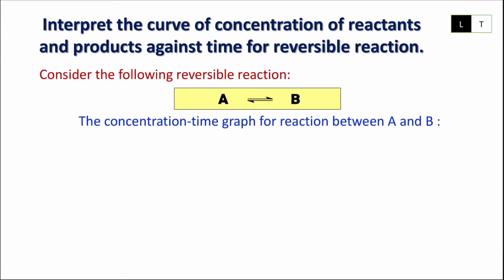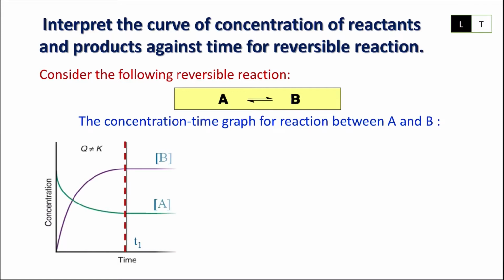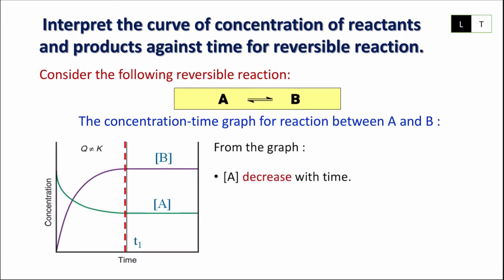This is the concentration time graph between reactant A dan product B. Saya hanya gunakan one species untuk both side. So kita akan ada this one where from the graph you should understand that reactant concentration dia akan berkurang with time. However, concentration for product B increase with time.